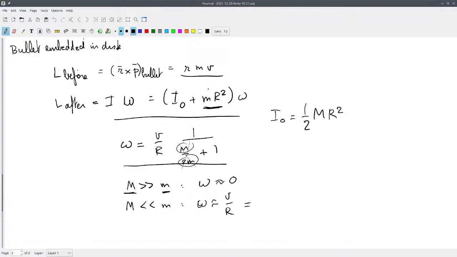And that just indicates that all of the angular momentum in the final state is equal to m r squared times v over r. So that's just m v r. That's our initial angular momentum. And so we essentially have just a bullet of only that mass little m that is going around in a circle, and that gives us the angular momentum of just that single mass that is going around.